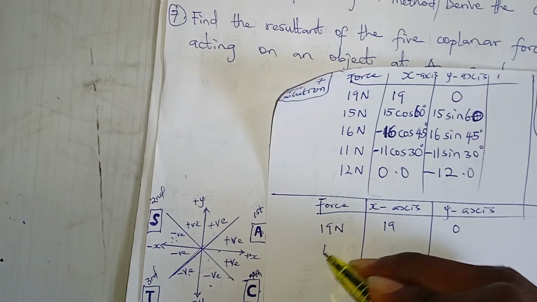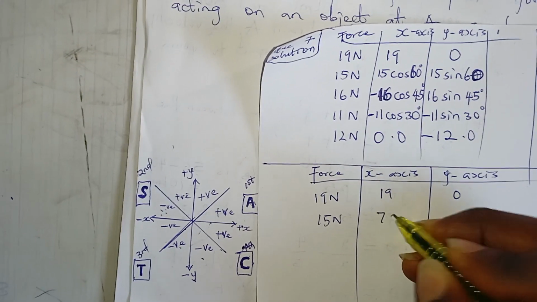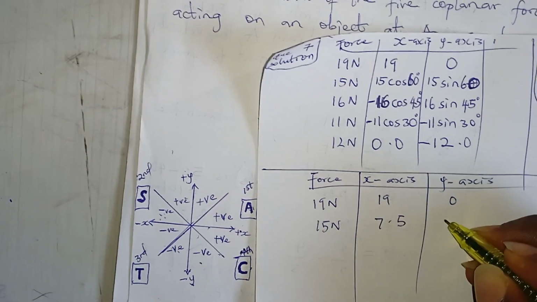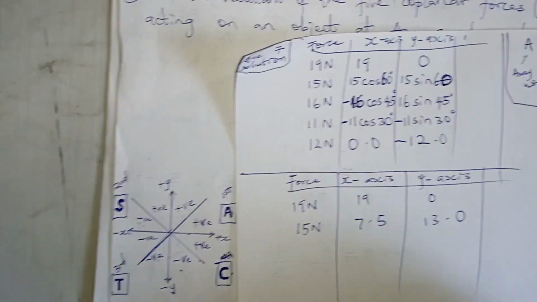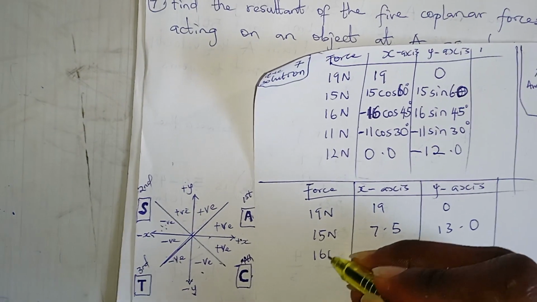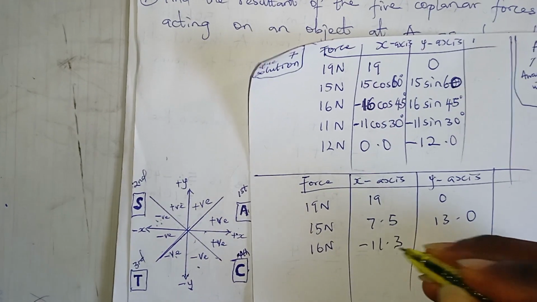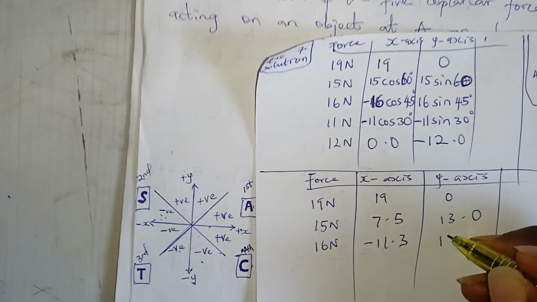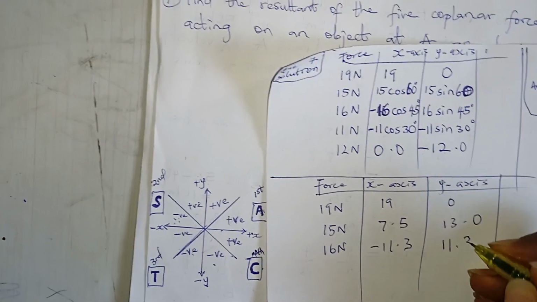For the 15 Newton, 15 cos 60 will give me 7.5, and 15 sin 60 will give me 13.0. Now 16 Newton, minus 16 cos 45 will give me minus 11.3, and on the y-axis, 16 sin 45 will give me 11.3.